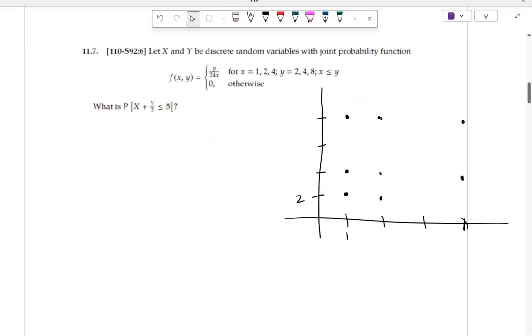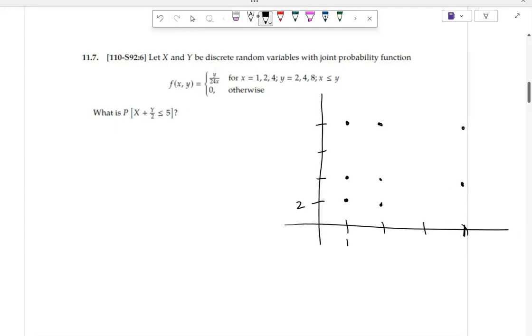Let's see if we can put in the probabilities. What is the probability associated with (1, 2)? 1/12. Good, because I put in 1 for x and 2 for y. For (1, 4), it'll be 1/6.